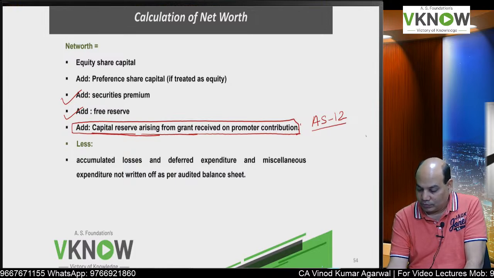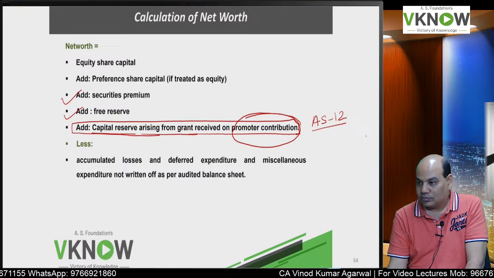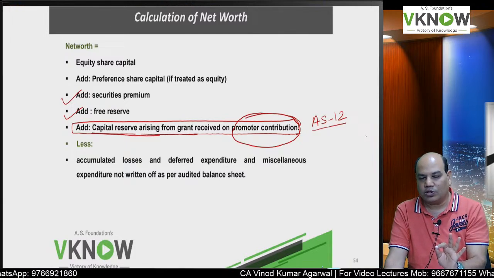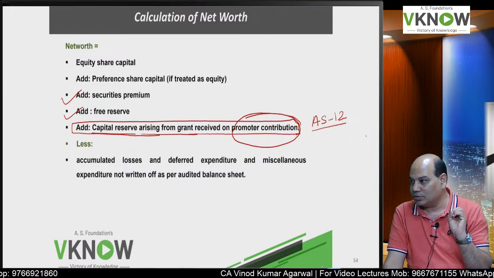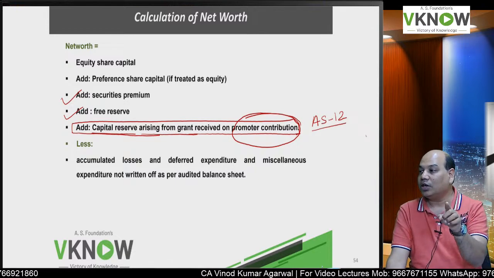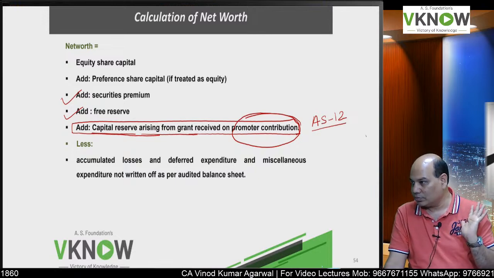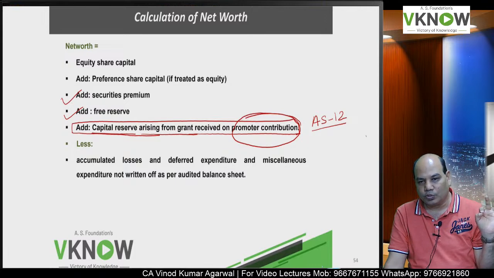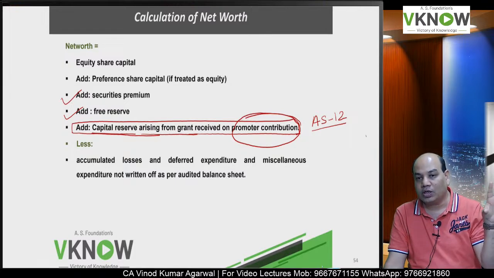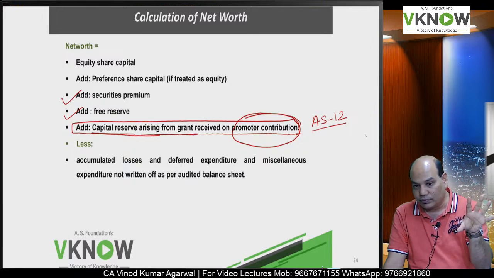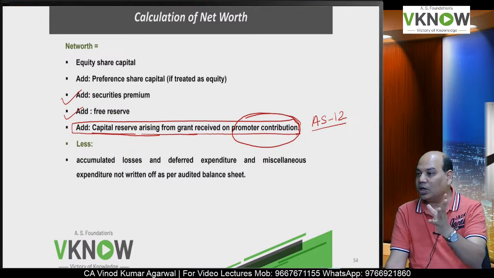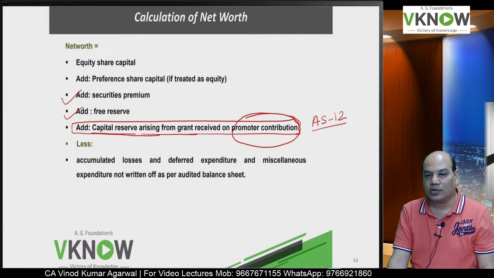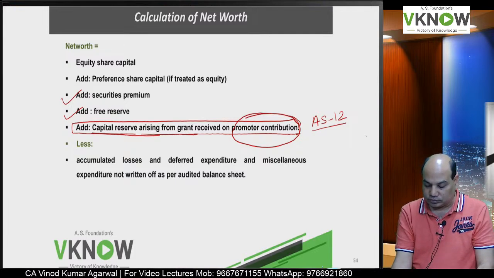Under that standard, you have studied grant in the nature of promoter's contribution or grant which are in the nature of capital subsidy. They are directly credited to capital reserve. If the capital reserve is grant in the nature of promoter contribution, as shown under accounting standard 12, that will be considered, but other capital reserve will not be considered.